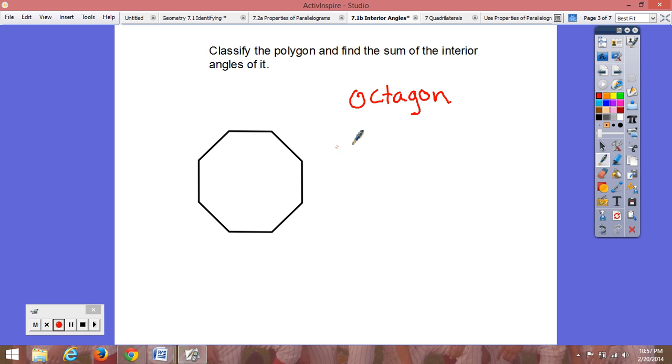So an octagon, like we said, is an 8-sided figure. So 8 is going to be n. So 8 minus 2 times 180 degrees. 8 minus 2 gives us 6 times 180 degrees.